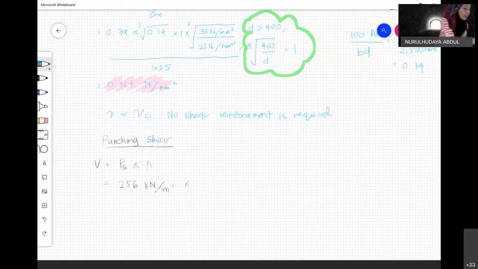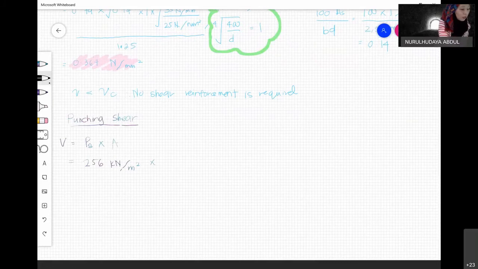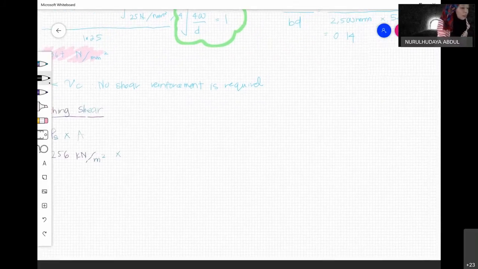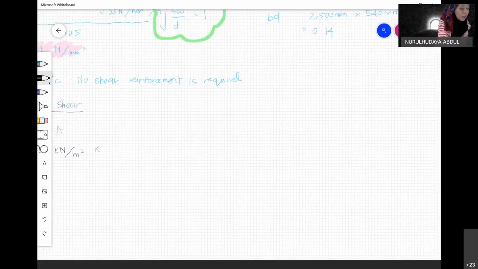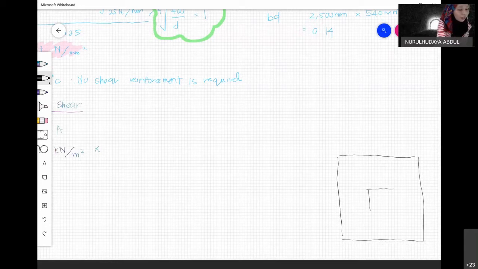Okay, but for punching shear, how we going to tengok area dia lain, area dia tak sama macam area transverse ataupun vertical shear. Tak sama. Okay, so this is the foundation. Okay, and the columns. Plan view.